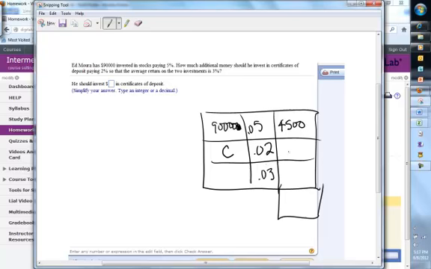Okay, these two add up to C plus 90,000, and this is 0.02 C. This is 0.03 C plus 90,000 times 0.03 is 2,700. Oops, I wrote that in the wrong spot. Should be down here, 0.03 C plus 2,700.